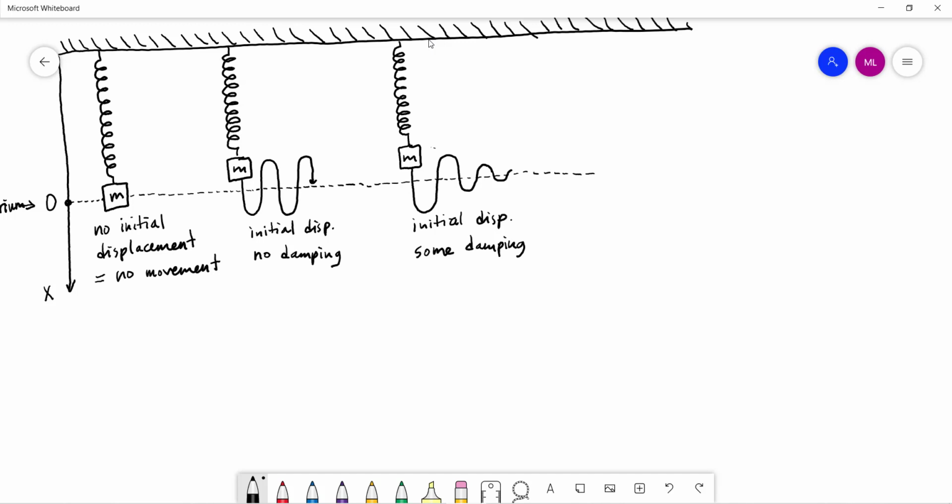If the damping gets strong enough, so we have really strong damping, what would that look like? Well, it's possible in the case where we have really strong damping that the mass can either go past just once and then level out, or if it's really strong, it may not even ever oscillate past that center line. So we may get it to only go like this and level off. So same thing, initial displacement, but very strong damping.